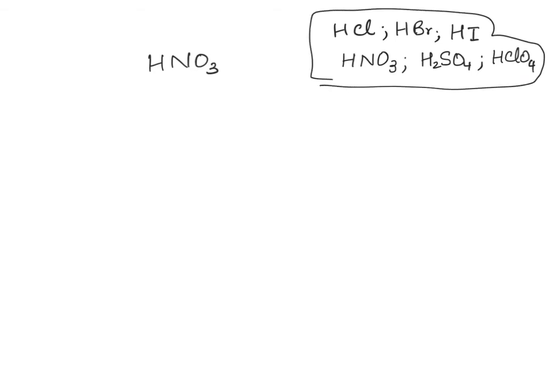These are all strong acids. Please make sure to memorize strong acids. For the purposes of this class, any other acid that you don't see in this group is a weak acid.